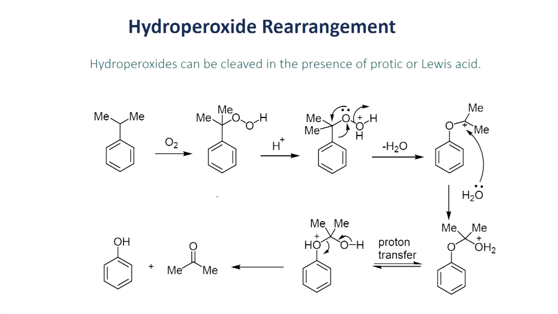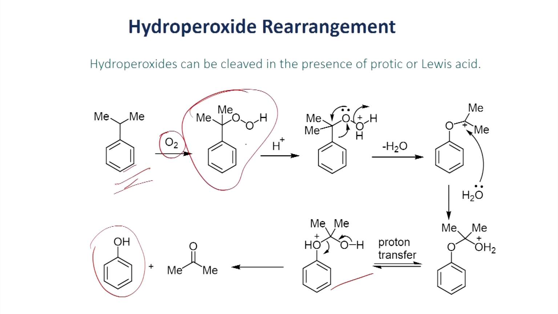And here the hydroperoxide rearrangement is shown. This is a very important industrial process to prepare phenol. If you have cumene and react it with oxygen, you will form cumene hydroperoxide. Once you form this, when you react with acid, as we have seen, protonation of this forms this.